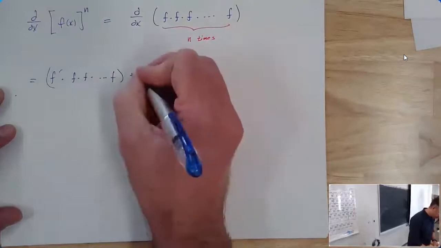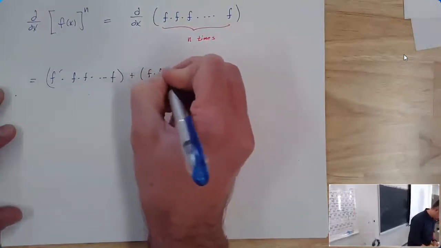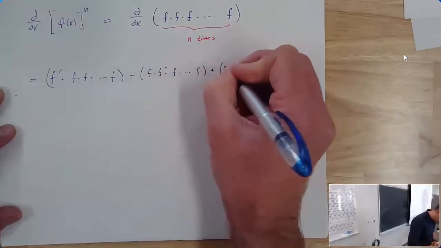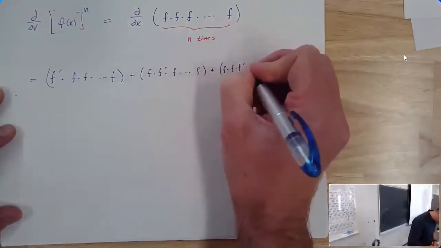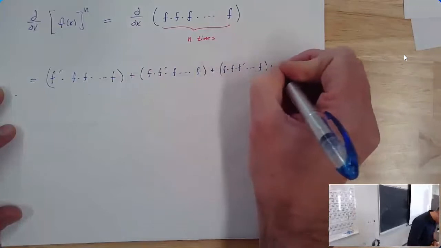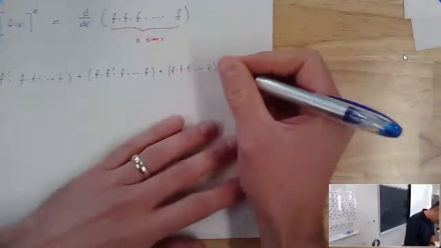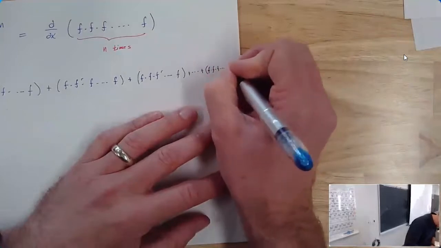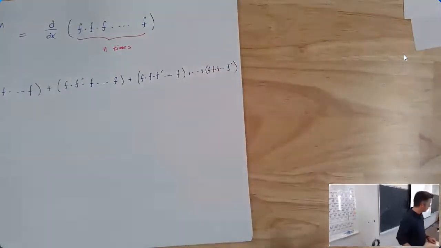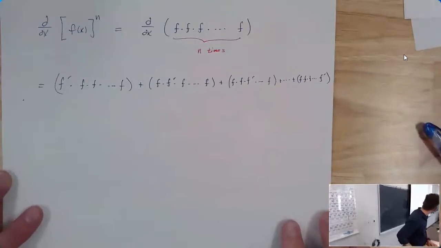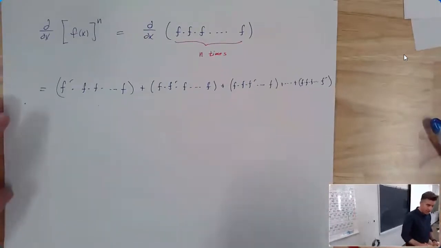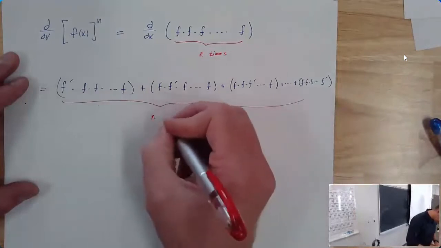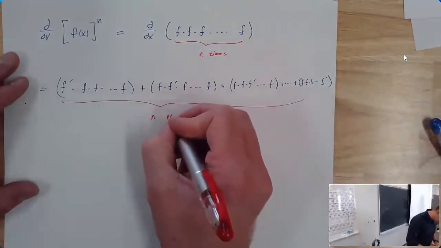Plus the second piece is going to look like f times f prime times all the f's. Plus my third piece is going to look like f times f times f prime times all the f's. All the way to my last piece, f times all the way to the last one being f prime. And just like you all told me, there's exactly n of these. N pieces added together.